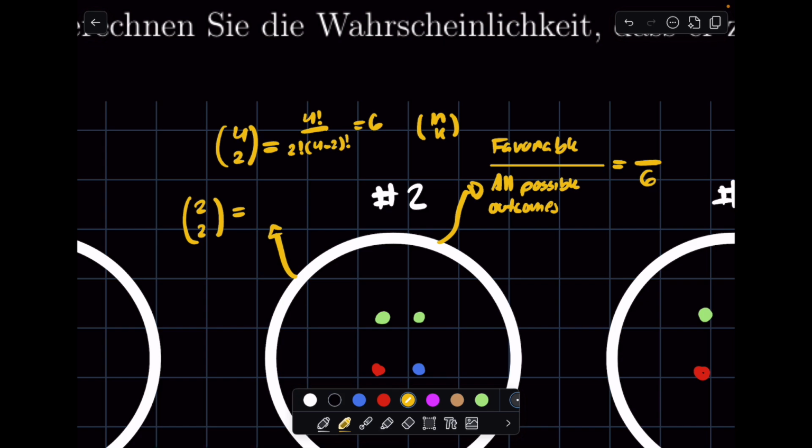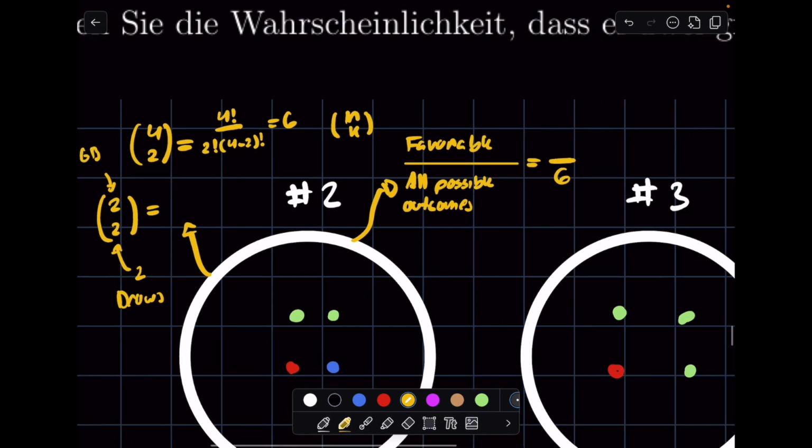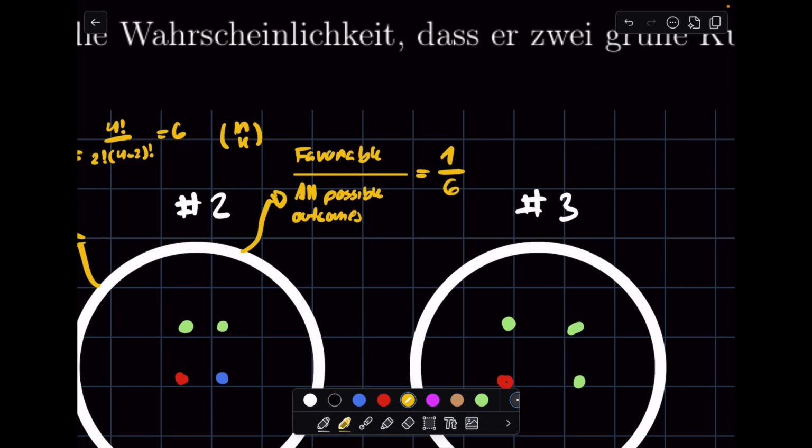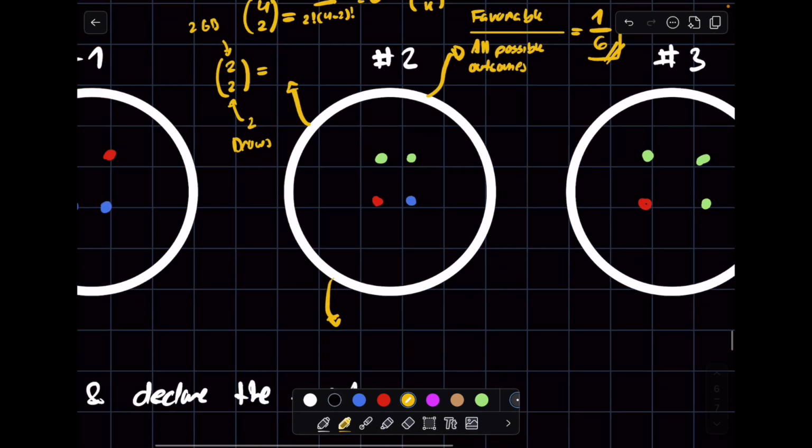We have 2 green marbles, and we have 2 draws. That's what we do. So if we put that into the calculator, it's going to be 1. So this is going to be the probability of us getting that in bag number 2.